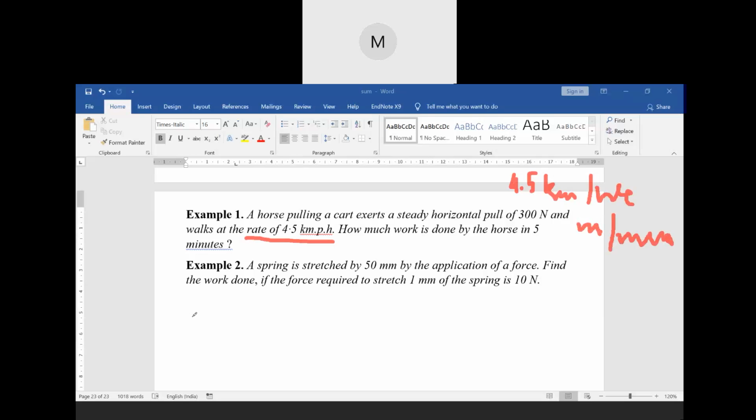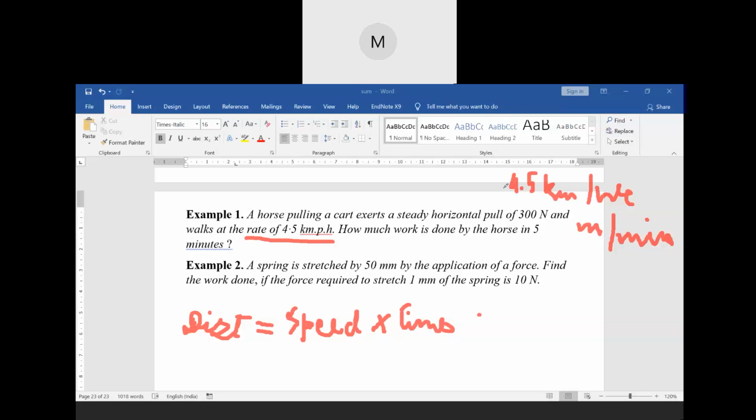Now distance is equal to speed multiplied by time.